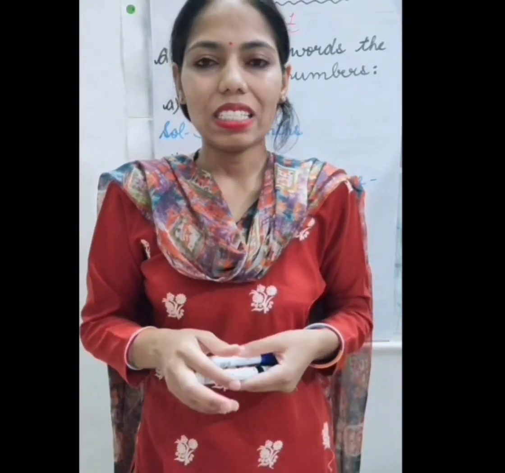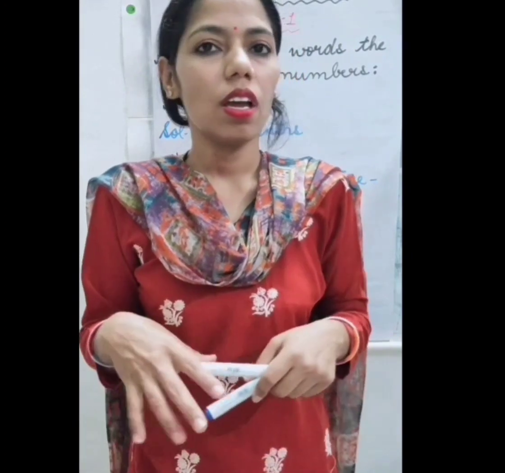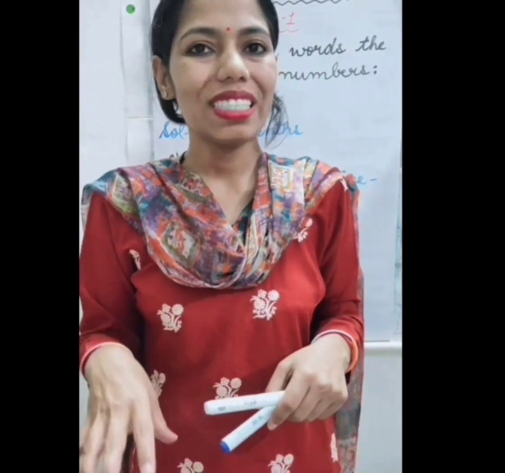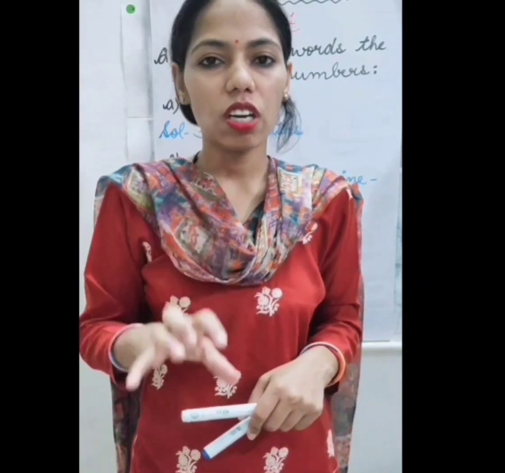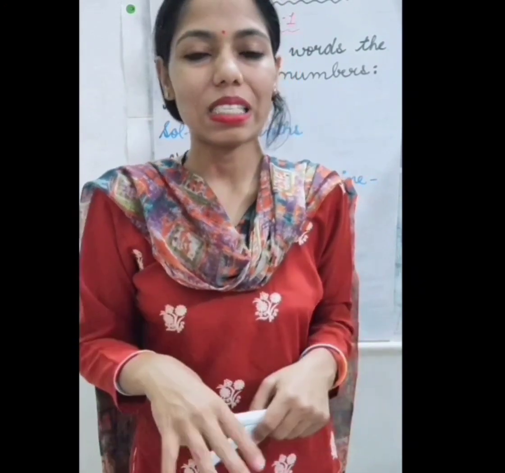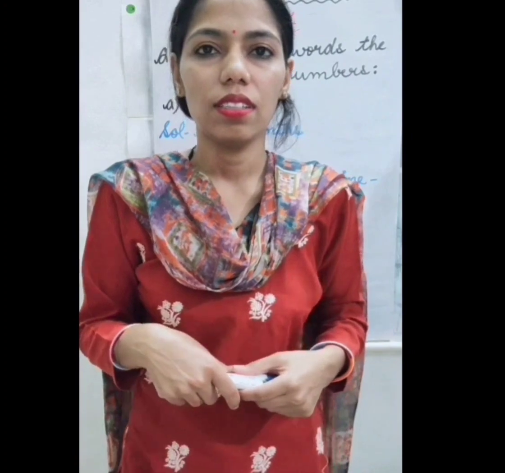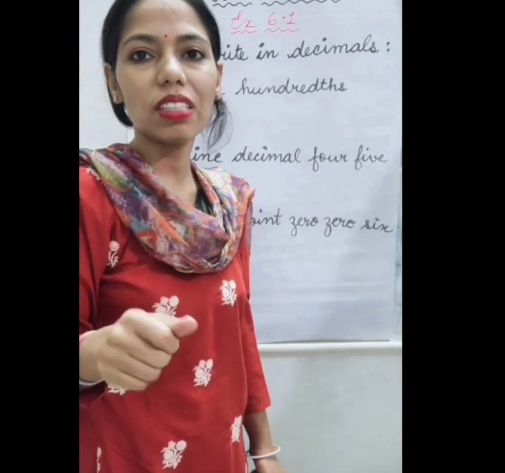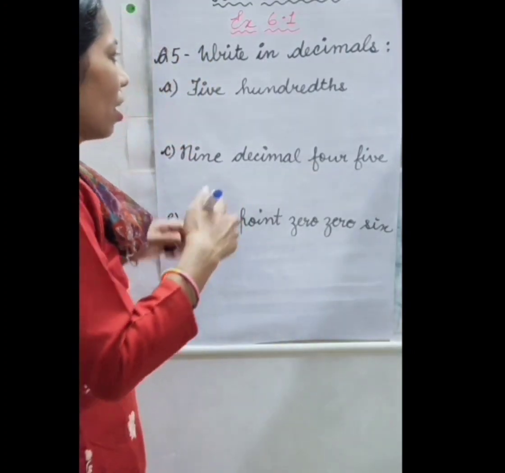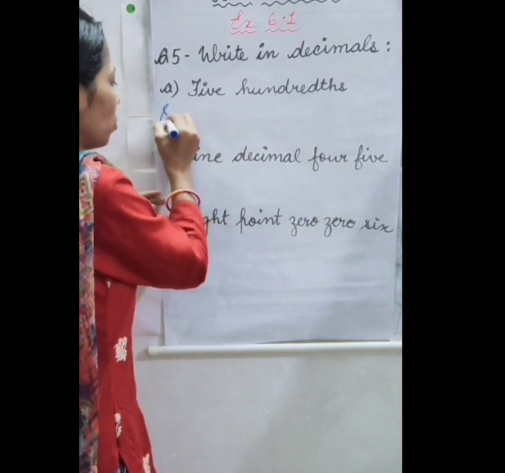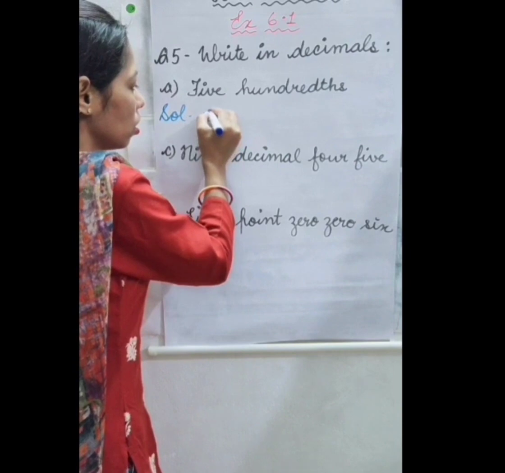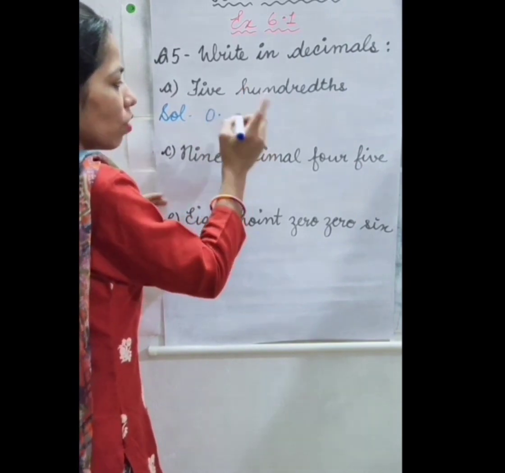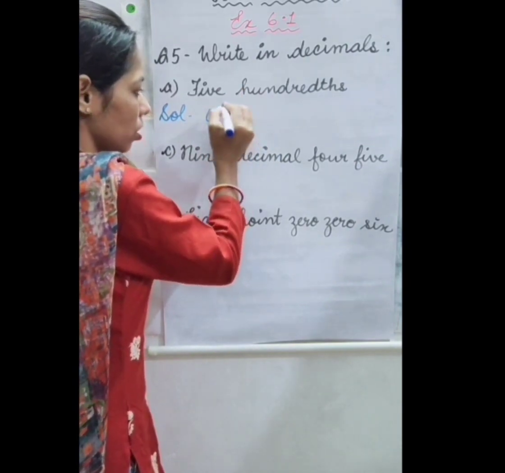Next question is write in decimals. This time it is in the form of words and we have to write these numbers, which are in the form of words, as decimal numbers. Let's start the solution. First part is 5 hundredths. How will we write 5 hundredths? 0 point, and 5 is in hundredths place.